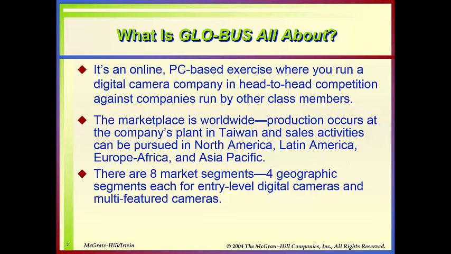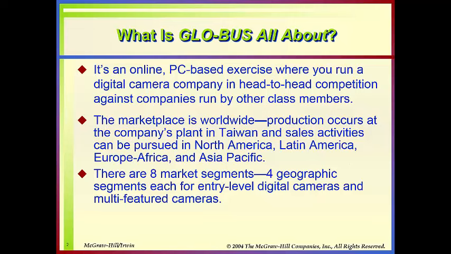You're going to be in a global marketplace. You'll see as we go forward that there are four different markets in the world: North America, Latin America, Europe and Africa, and Asia Pacific. And that's where you sell the phones. Now your production is actually in Taiwan, which, as you'll notice as the game goes on, makes a big difference in exchange rates, because your costs for manufacturing are in Taiwanese dollars.